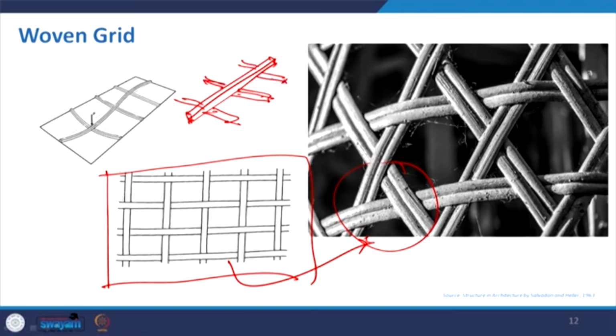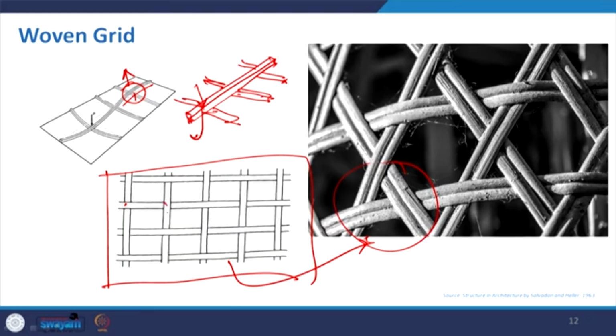In that case, if a load is applied where it is being shown, the deflection will take place here, and that can create pressure on the other junction and result in some upliftment of this particular structure. Whereas here, if you put the pressure, the upliftment tendency can be covered by this interlacing.